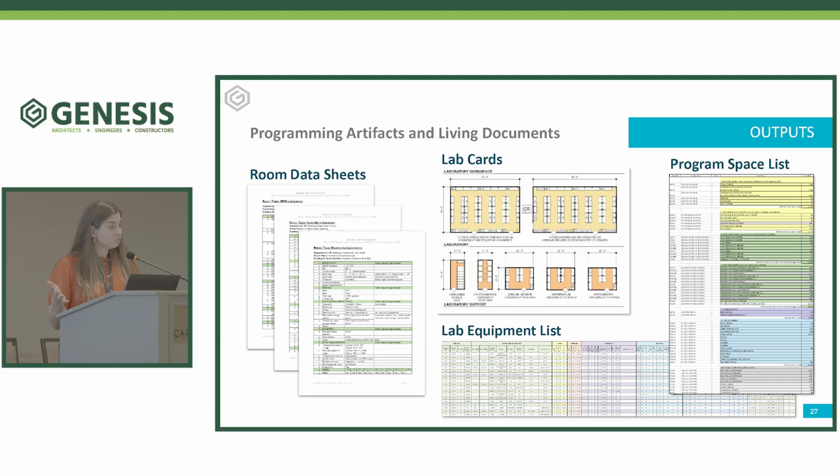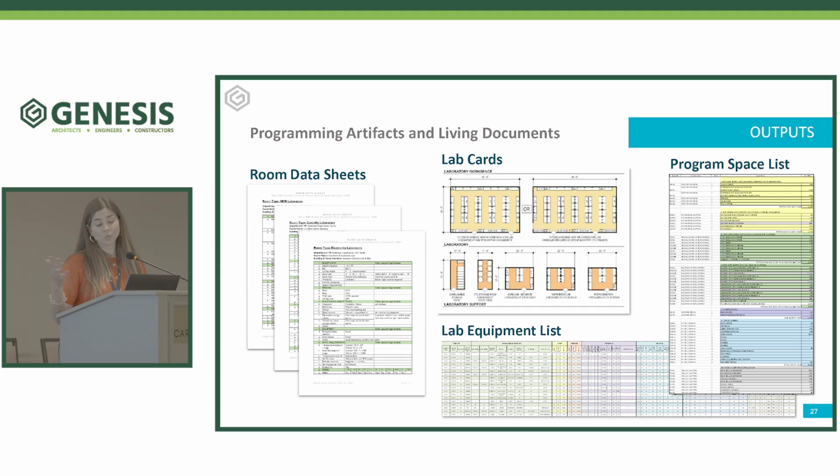Some other examples here. Room data sheets document specific requirements and characteristics specific to laboratory room types and can be used to document at varying levels of detail room finish requirements, furnishings, HVAC, piping, and infrastructure needs.